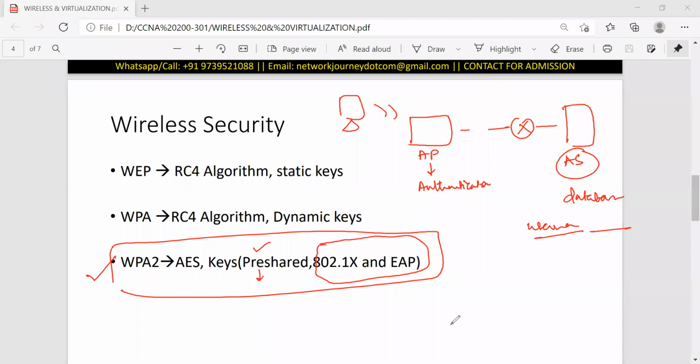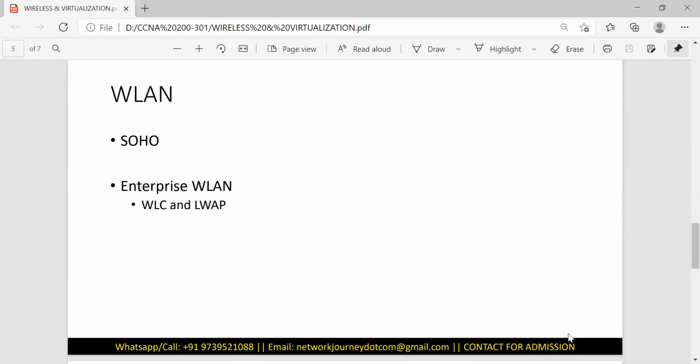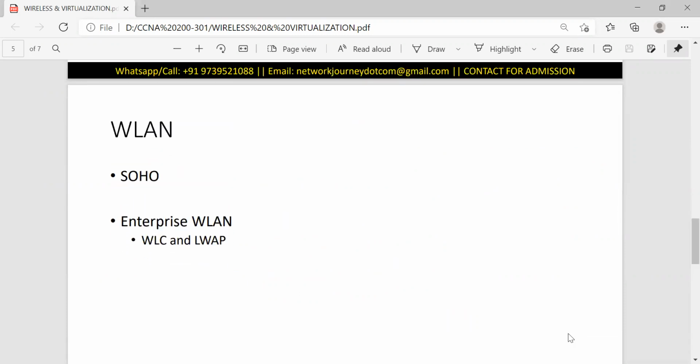Now let's go to the next part, which is the wireless LAN. I just mentioned wireless LAN, and I talked about a scenario where we are at home and when we are at an enterprise. So how do we take care of all these things? When we are at home or a small office, the meaning of SOHO is small office, home office.